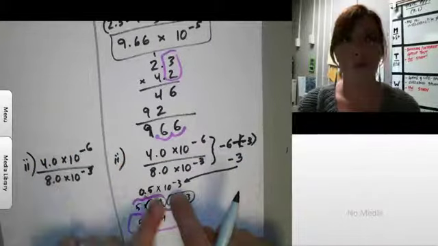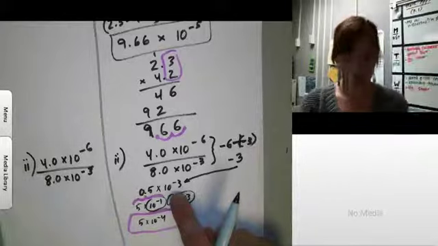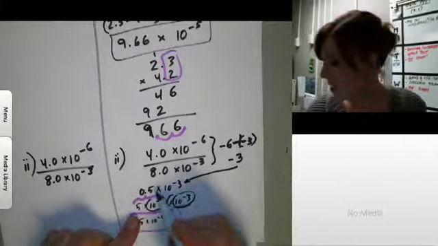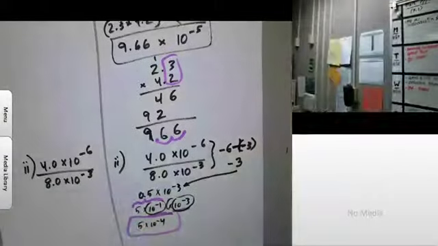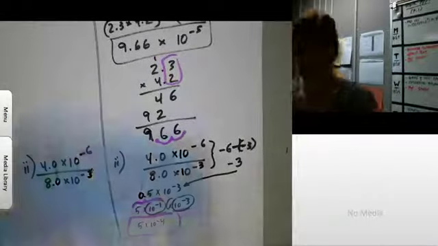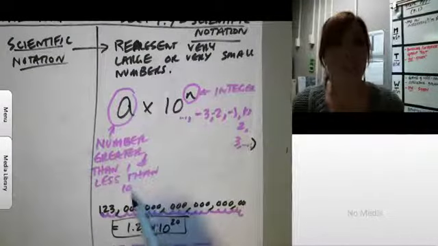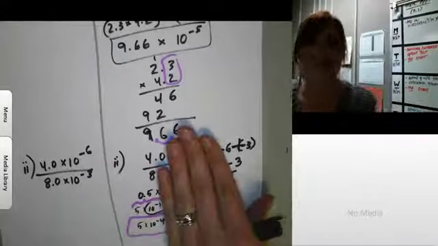Okay, then from here, remember scientific notation, the definition says that you have to have a number here that's greater than 1 and less than 10. 0.5 is not greater than 1. So we have to make it a number that's greater than 1.